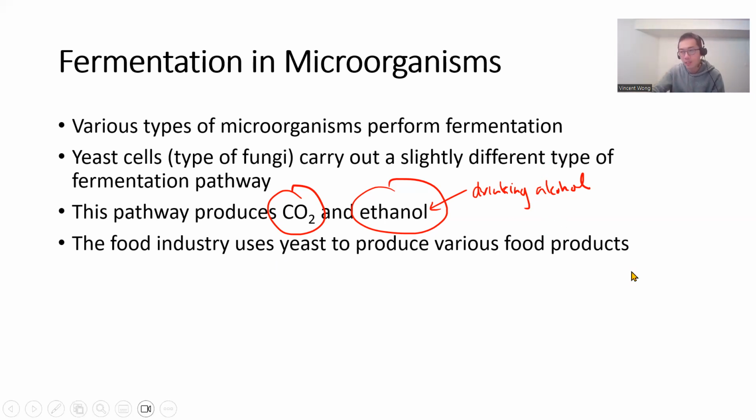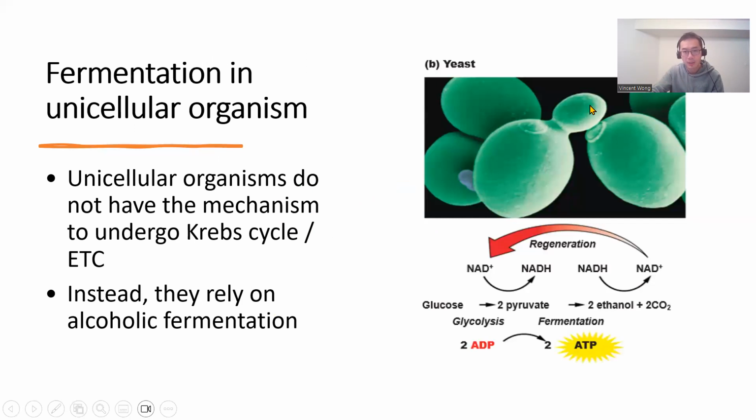So of course we can use yeast to produce all kinds of stuff. That's what yeast looks like. This one is actually budding, it's dividing. And it's the same thing. Glucose gets broken down into pyruvate, and then the pyruvate gets converted into ethanol and carbon dioxide. If you are focusing on making wine and alcoholic beverages, then you would extract the ethanol.